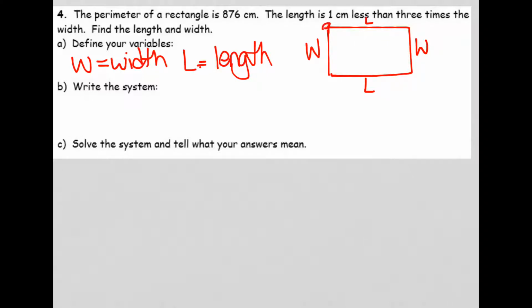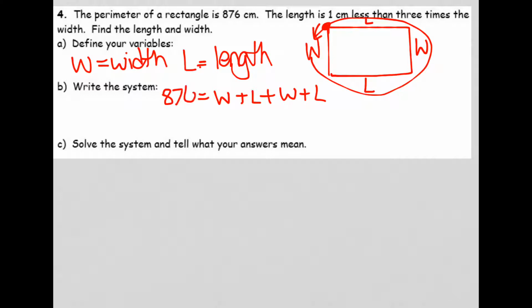So like if I started here and I just went counterclockwise around the rectangle, it would be like W plus L plus W plus L. I went all around this rectangle, and if I add all those things up, I will get 876. That's what the perimeter is.